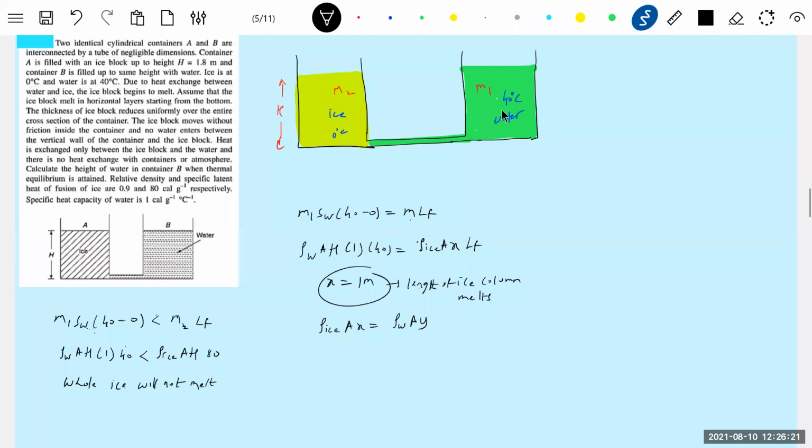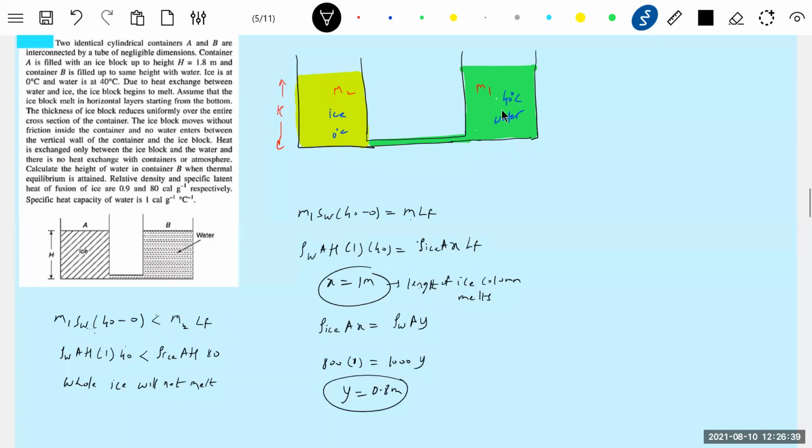What is Y? The length of water column that is produced. The density of ice will be 800, X is 1, density of water 1000. This is Y. So Y is equal to 0.8 meter.